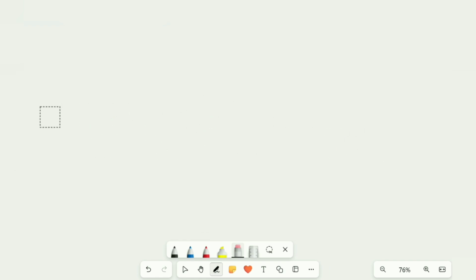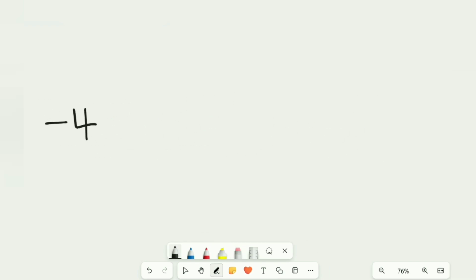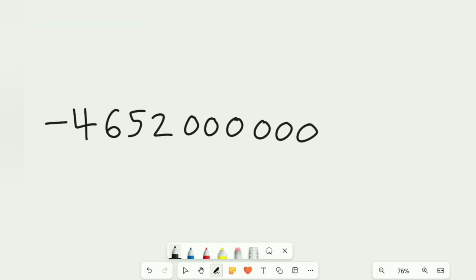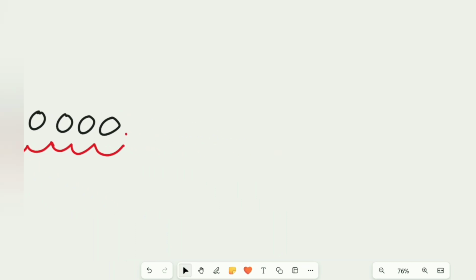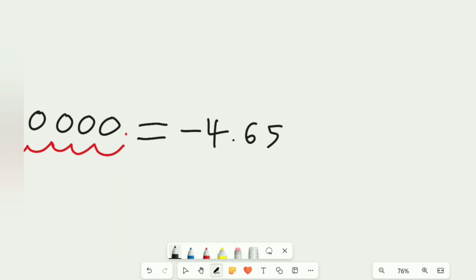Now, let's say we want to write negative 4,652,000,000 in scientific notation. In this case, we move the decimal point by 9 places to the left as shown. And therefore, the answer is negative 4.652 times 10 to the power of 9.